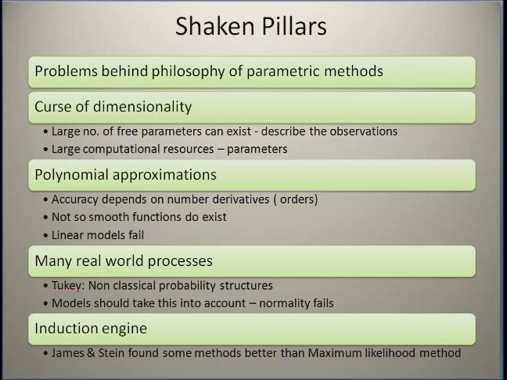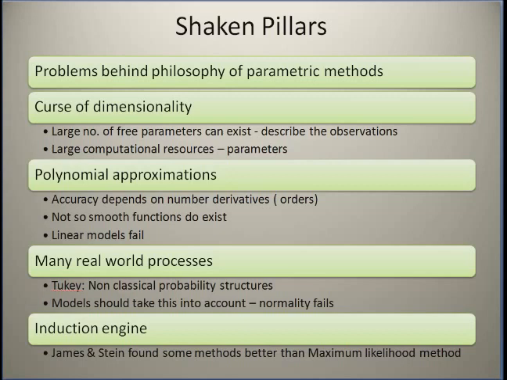And the second problem is related to the assumption of polynomial approximation of the underlying functional dependency. Basically, the accuracy of this polynomial approximation depends on the availability of the derivatives of the underlying function. For example, if the function is very smooth, you can obviously assume that it can have a very large number of higher order derivatives.